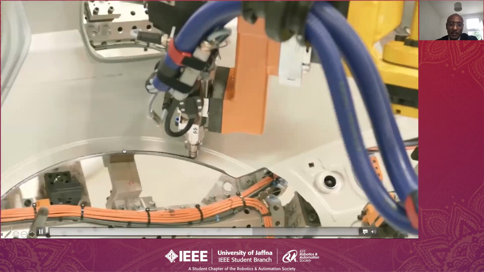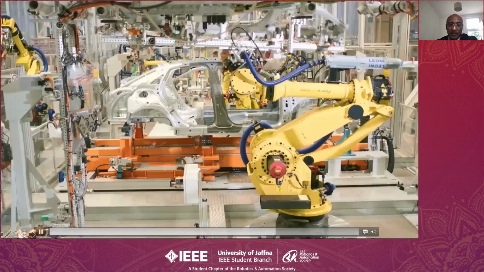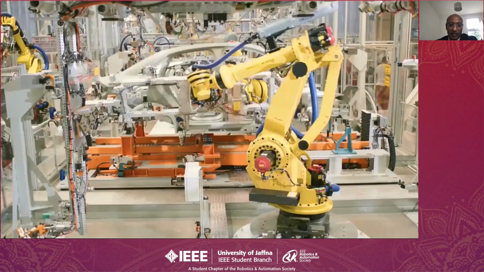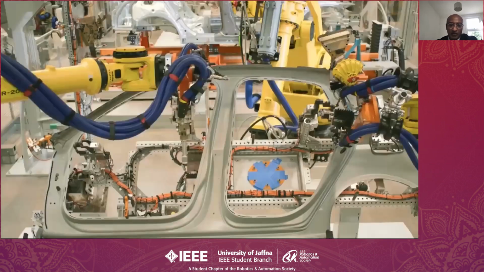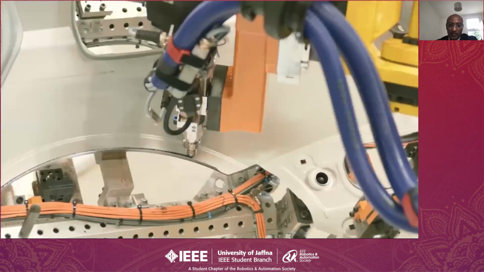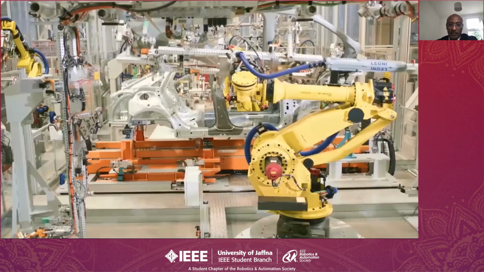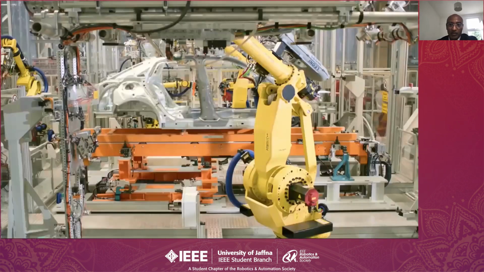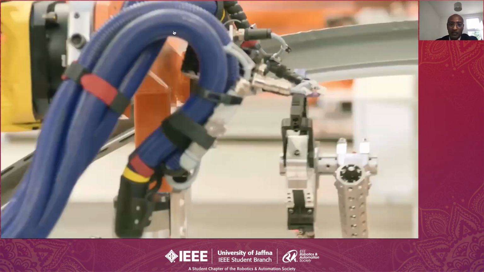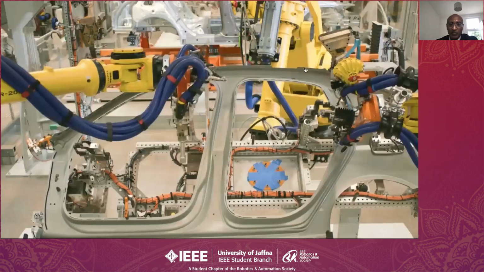They were pretty accurate, repeatable, and very efficient, but humans were segregated from these robots. These were the 1980s and 1990s, and then things rapidly improved after that, with the advent of more collaborative robots.